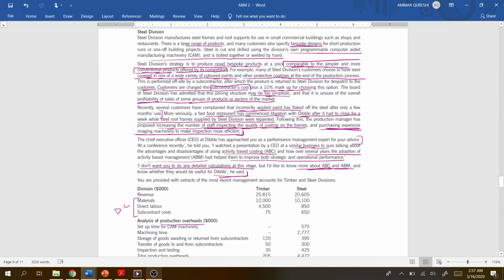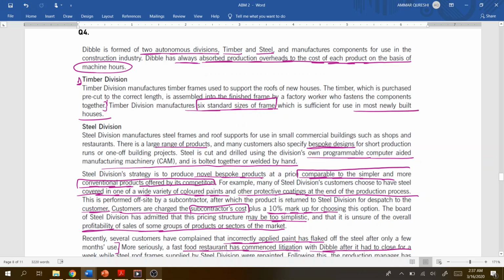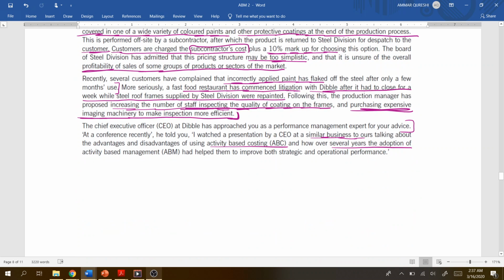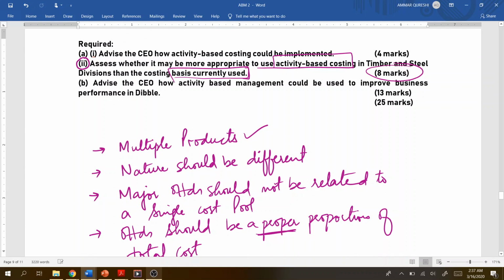So let's first consider the timber division, right? Now, the first area was that the company should be manufacturing multiple products, right? The company is manufacturing six different standard sizes of frame, 6 different frames of different sizes. So the company is manufacturing multiple products.